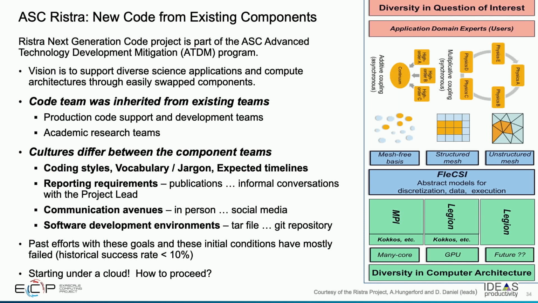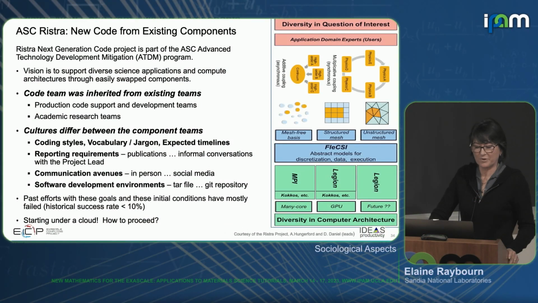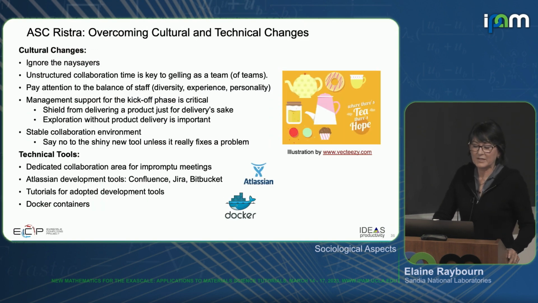And they had different cultural differences, like their different coding styles and the vocabulary that they used. Even their reporting requirements were different. So what do you do in a situation like this, where you are working from not even a good optimal situation, but from one that is not so great? Well, believe it or not, they instituted some change, and one of the changes was tea time.